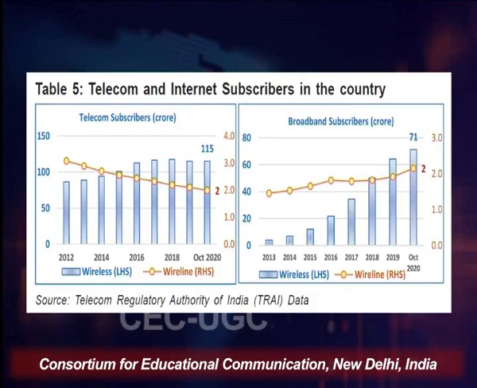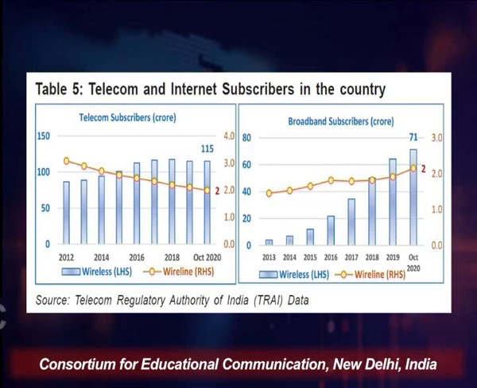What were the enablers of this online or electronic payment system which exists right now, and where we have reached in the fintech industry? A lot of the success goes to the telecom and internet subscribers in the country. If you look at this chart from 2012 to 2020, there has been an increase in wireless-based telecom subscribers, so mobile subscribers basically.